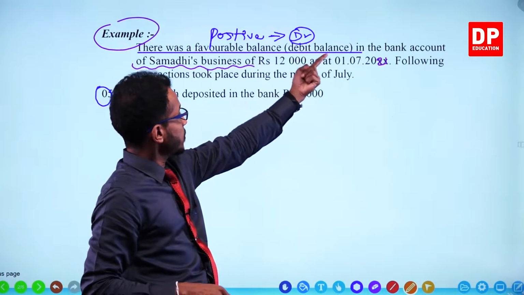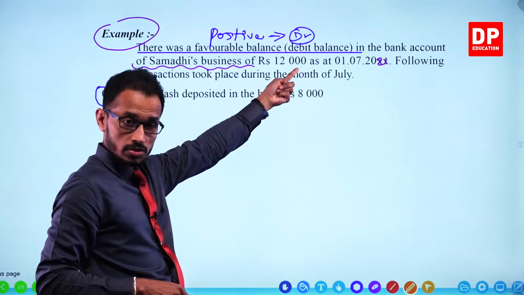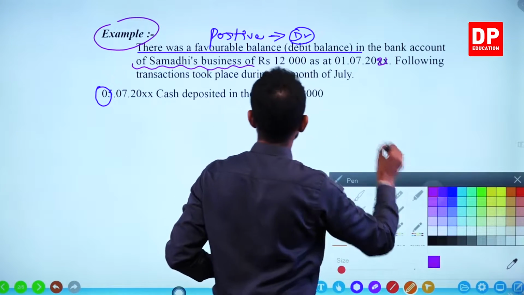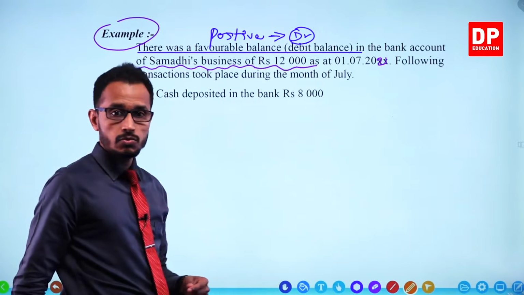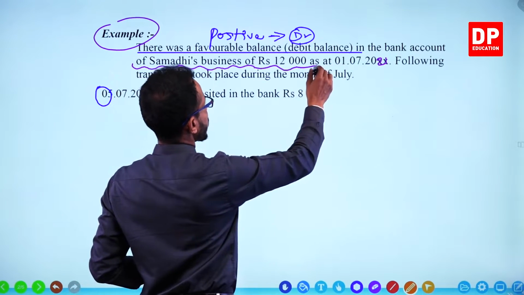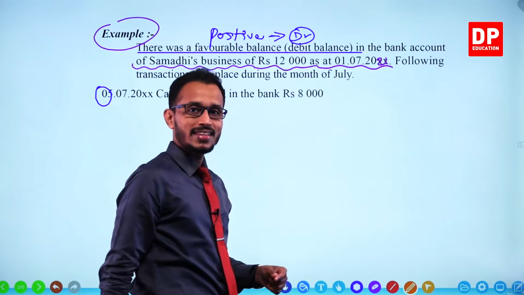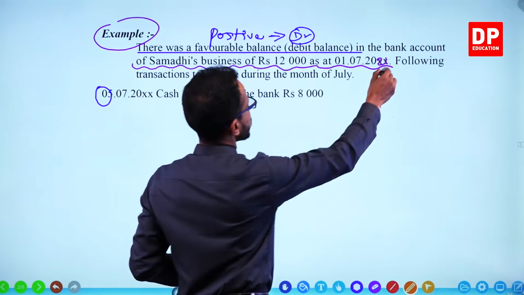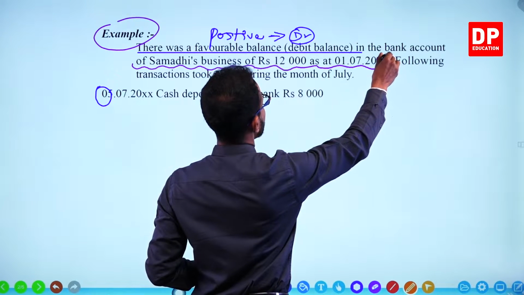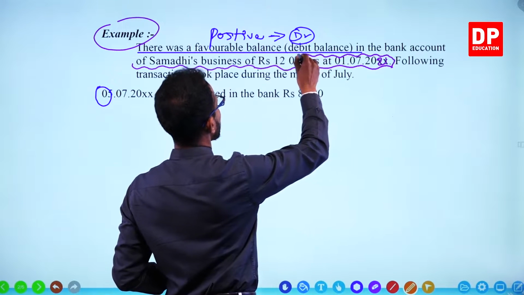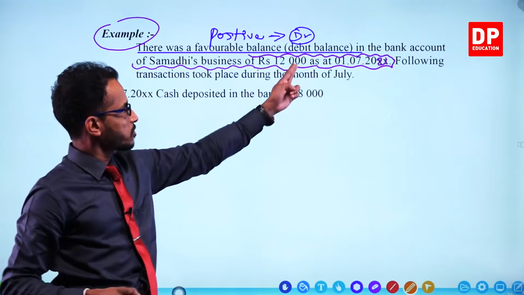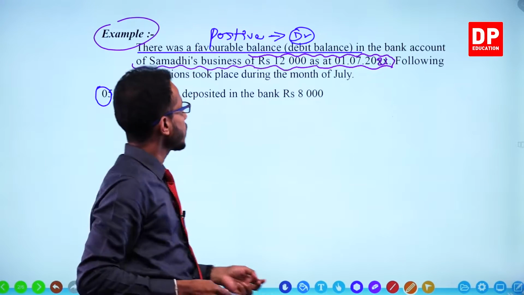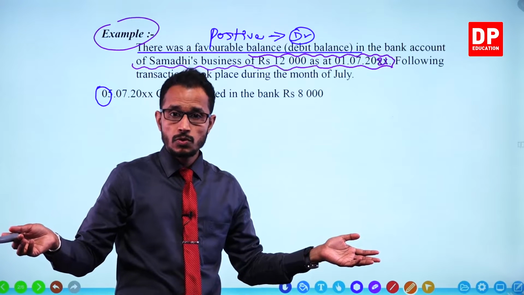Starting with the positive balance, debit balance, and it is 12,000. There is no need to again and again explain how the balances are recorded at the opening or the starting date of the month. This is the starting date, which is 1st of July. On 1st of July, the opening balance is 12,000. You know how to do this.